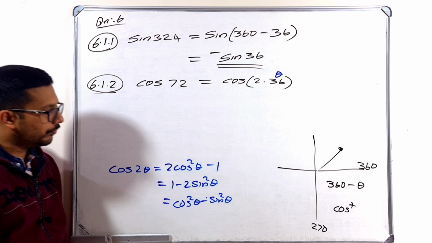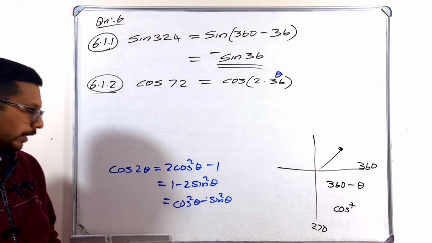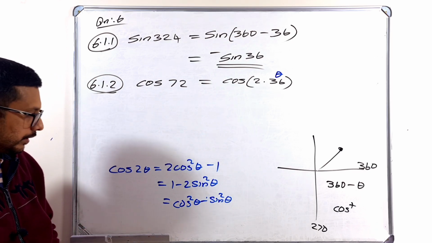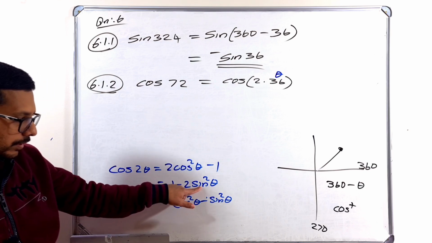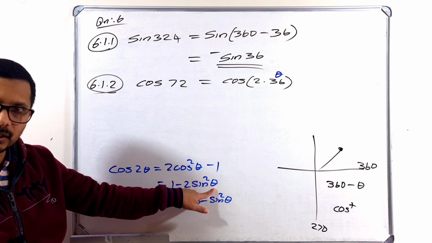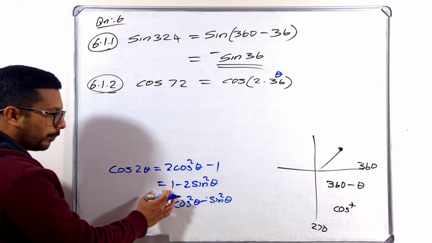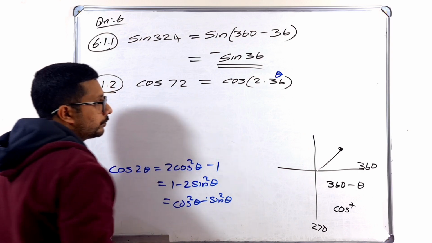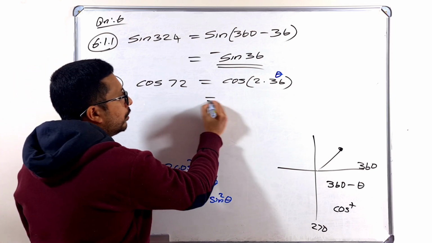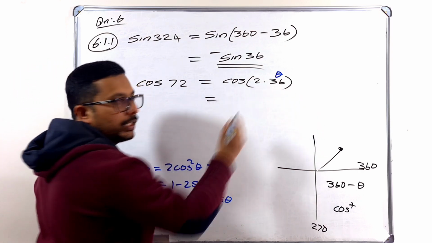So which one can we use so that we can write the answer in terms of sine 36? Yes, we can use this one. Can you see there is sine squared there? So I'm going to apply that one here. This is equal to cos 2 theta. Theta is 36.